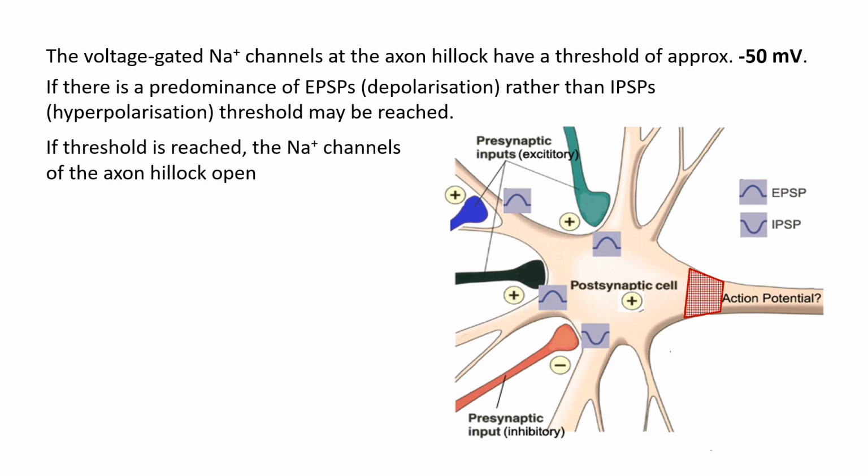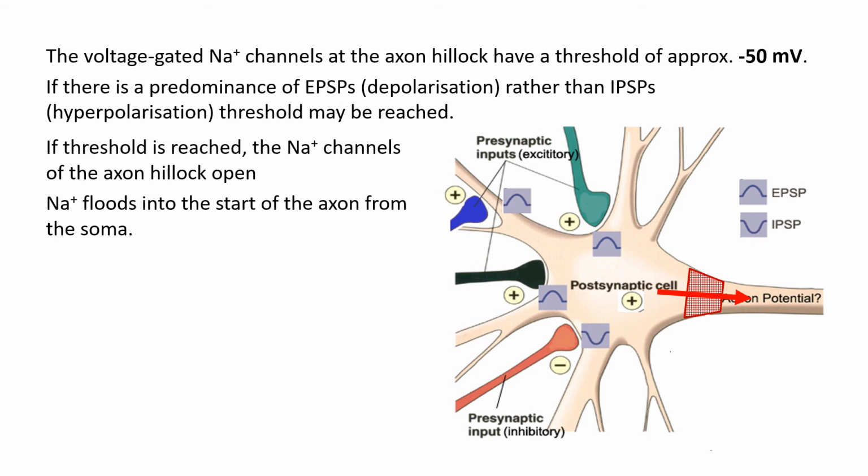If threshold is reached, the sodium channels of the axon hillock open. When they open, sodium floods into the start of the axon from the soma. And of course, all along the membrane of the axon, we have voltage-gated channels. We have voltage-gated sodium channels, potassium channels, and sodium-potassium pumps.